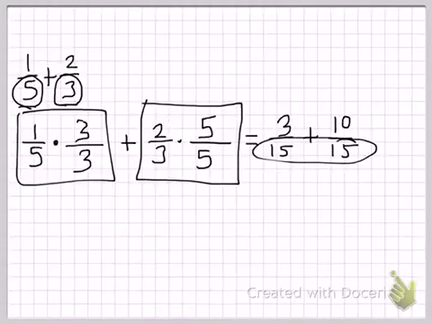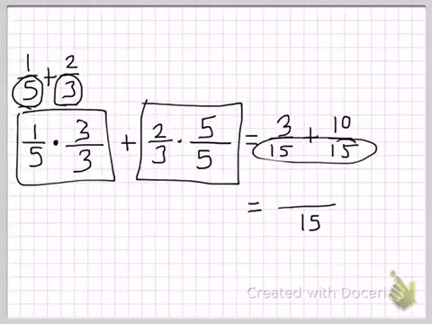When you're adding your fractions together, you only add the numerators, you do not add the denominators. So the 15 is going to stay, that's why we made it common, and the 13 is going to go on top. I got 13 from this 3 plus this 10 right here. So the answer to this problem is 13/15.